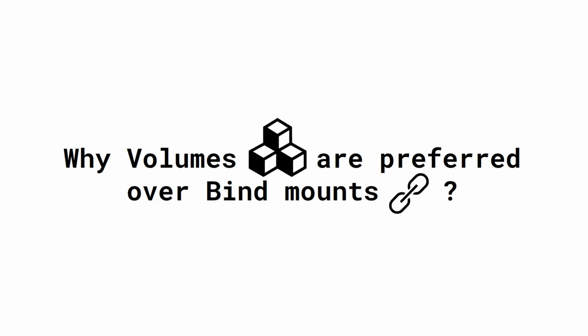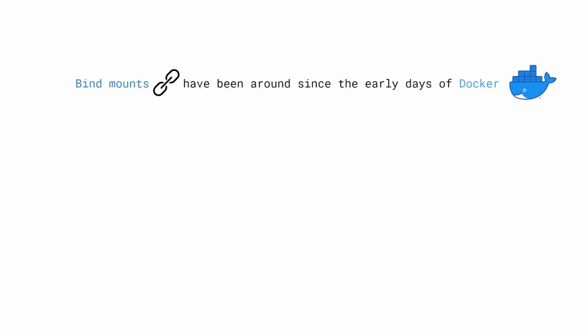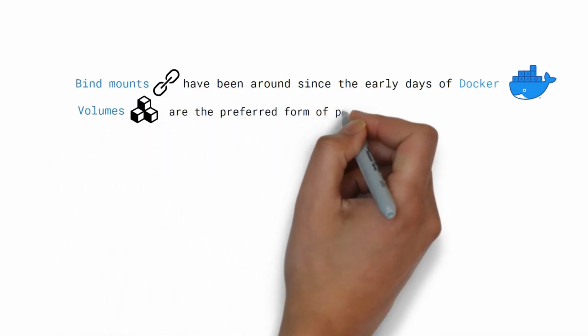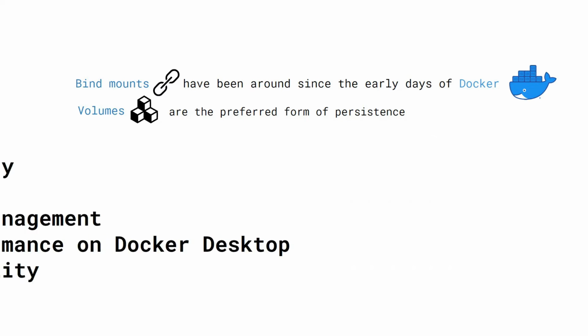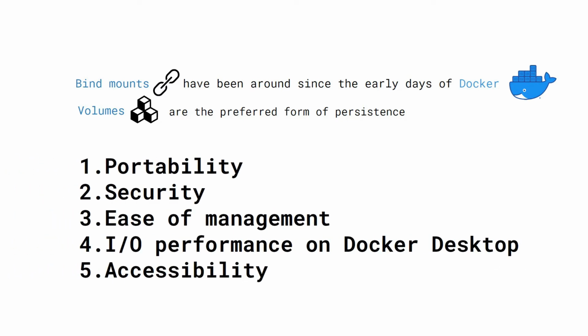Even though bind mounts have been around since the early days of Docker, volumes are the preferred form of persistence for most use cases today. The following are the primary reasons for that. Portability.